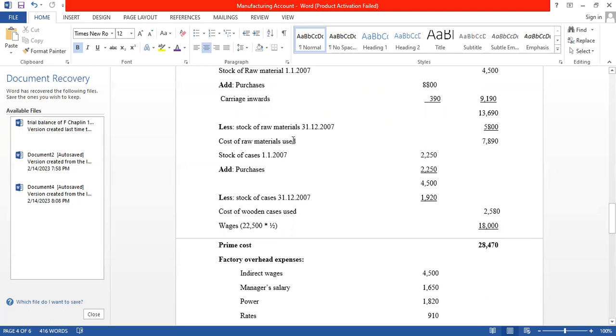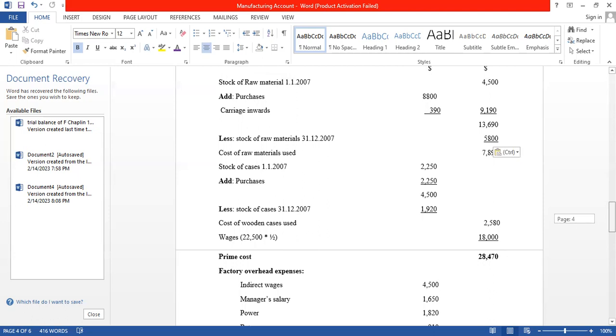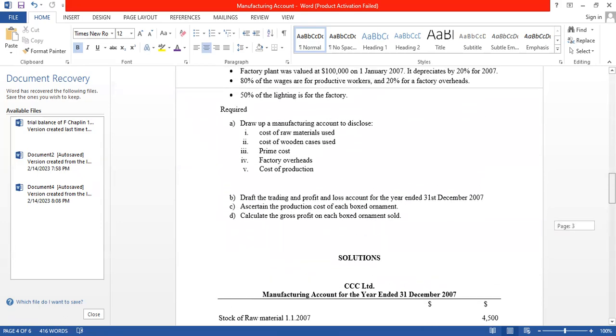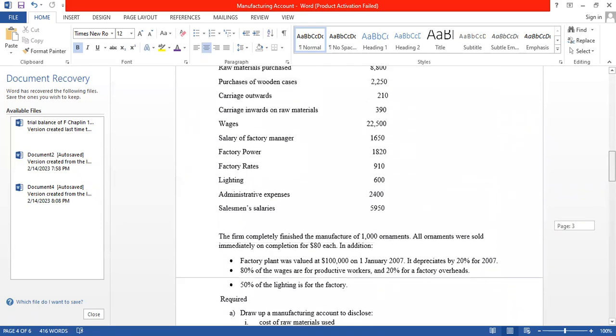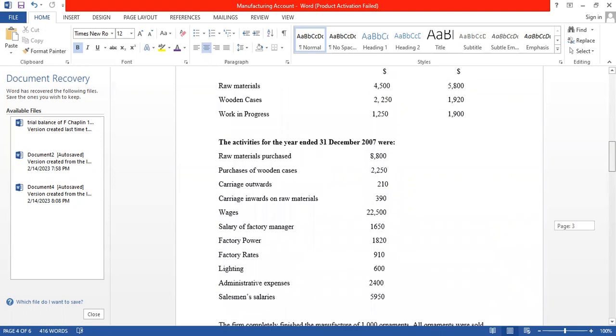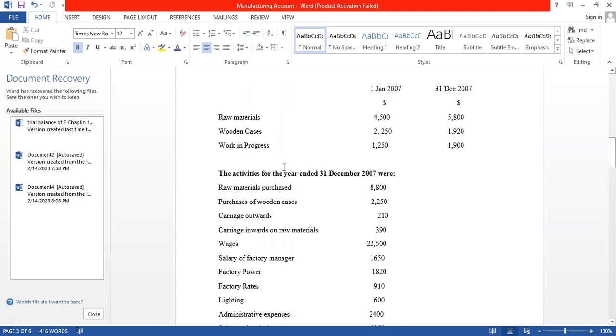Good? How do we know what the stock of raw material is on December 31st? Where did we get this $5,800? Let's go back up in the question slowly. And there we have it. Notice it says raw materials here. And at the 31st of December, it says $5,800.